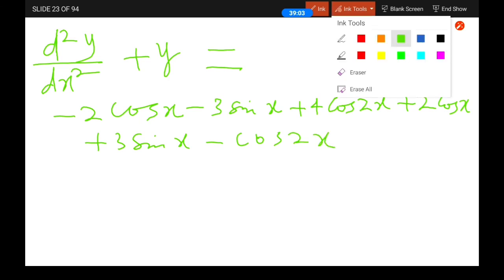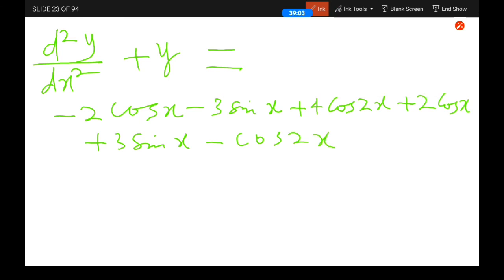Now if you look at this very well, some of them we cancel out actually. Minus 2 cos x, what do we have that? Plus 2 cos x. There we go. Look at this again. Minus sine x plus sine x.